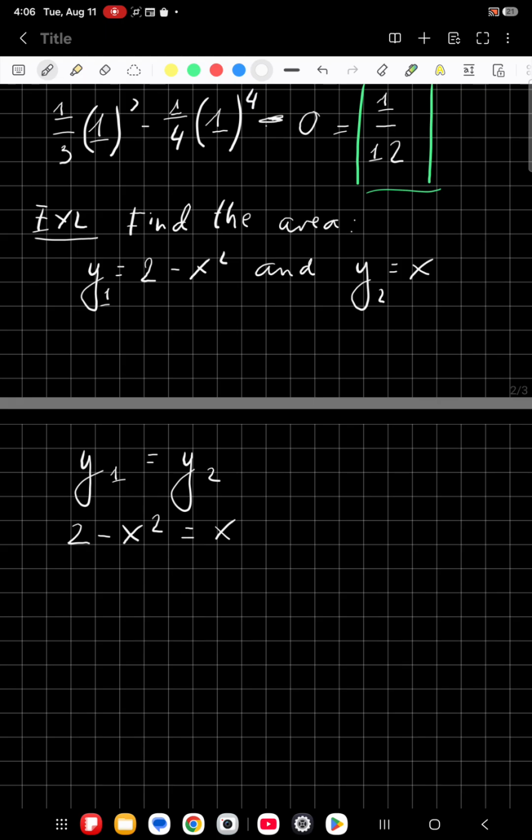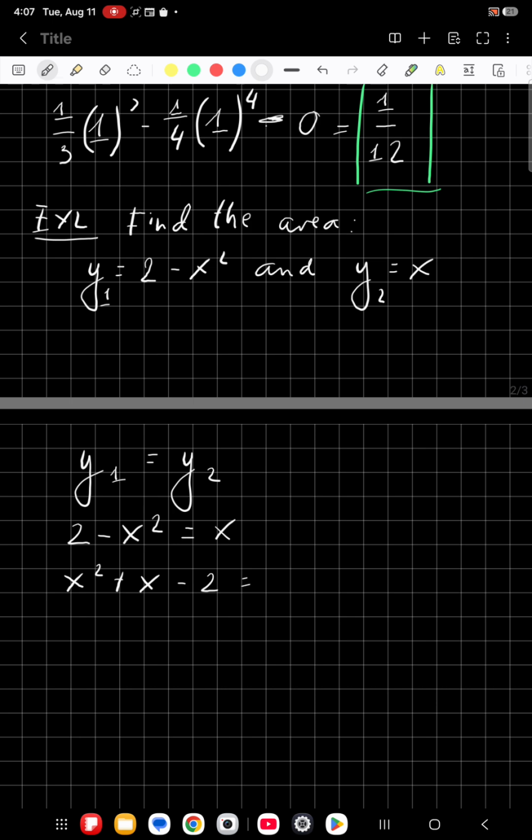The way I usually do it is I would move this term there and that term there, and then switch the signs. I hope you know what I'm talking about. It doesn't matter where I put the equal sign, I can put it on either side, but normally we would put it on the right side.